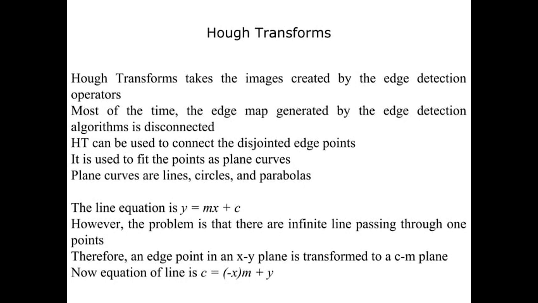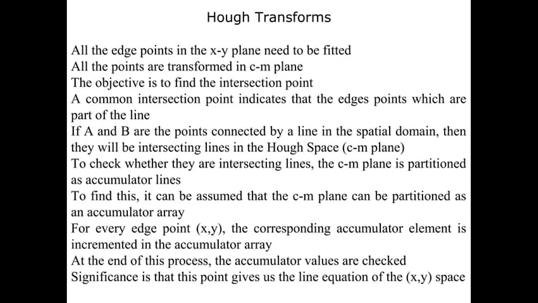It is used to fit the points as plane curves. The plane curves may be circles, lines, parabolas, anything. On the line equation, generally we know y equals mx plus c. However, the problem is that there are infinite lines passing through one point. This is the slope and intercept of the line equation that we all know. And this is the Hough transform, and the algorithm is given below.